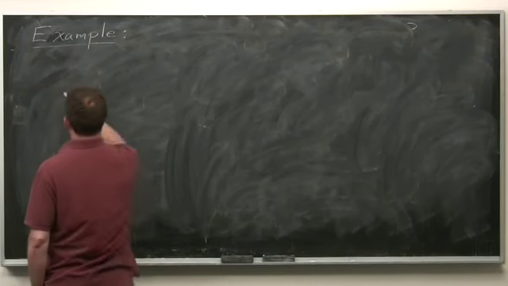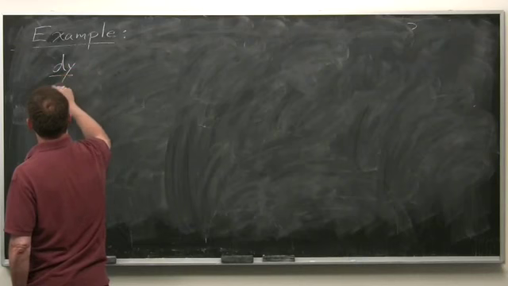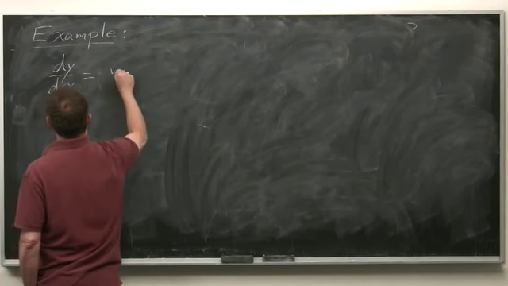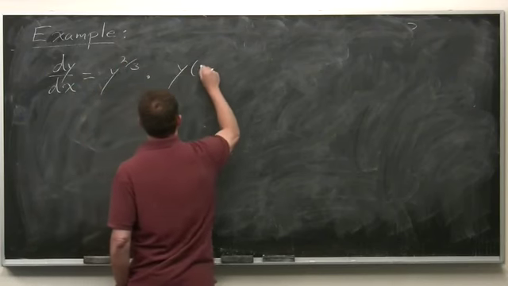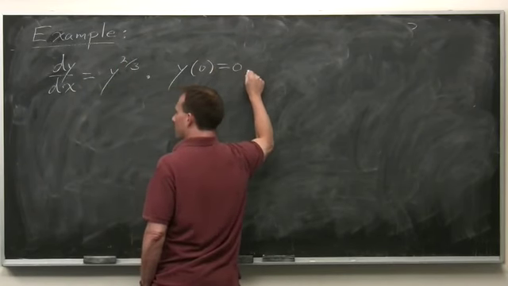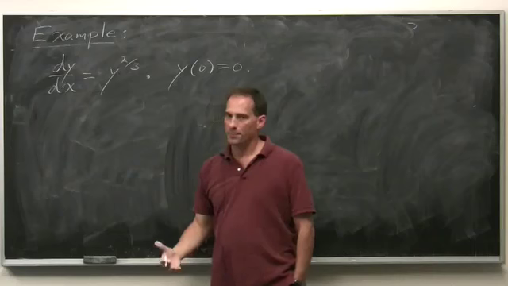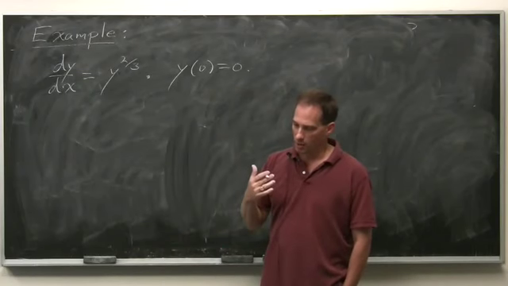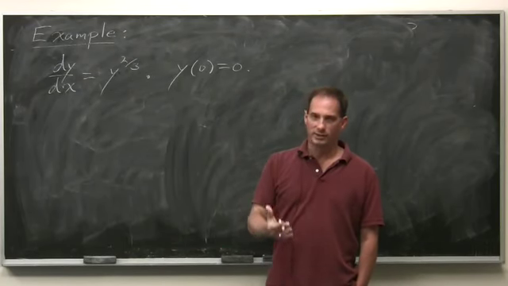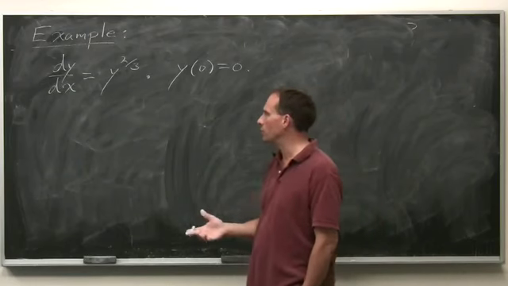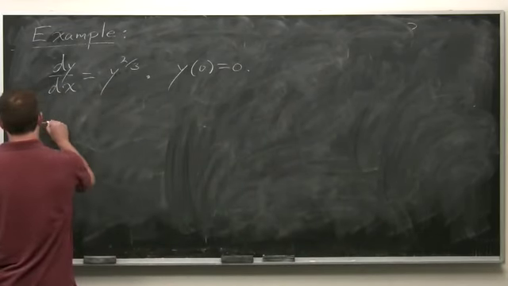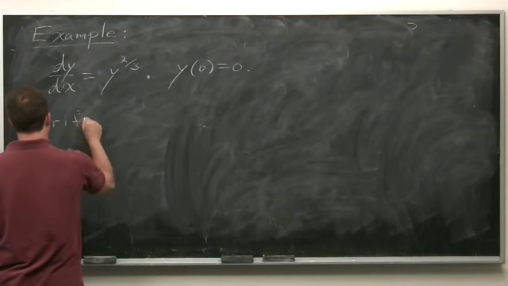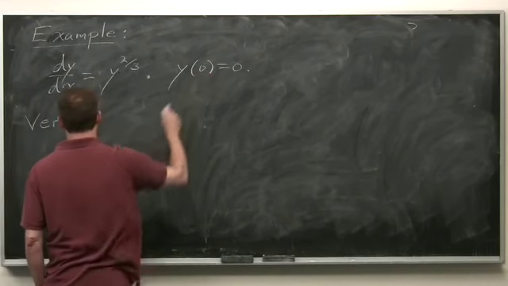Consider dy dx equals y to the 2/3 power, and when x is 0, y is 0. Once again, I'm not trying to tell you how to solve differential equations in this one, but we'll verify that there are two different solutions to this initial value problem near where x is 0.